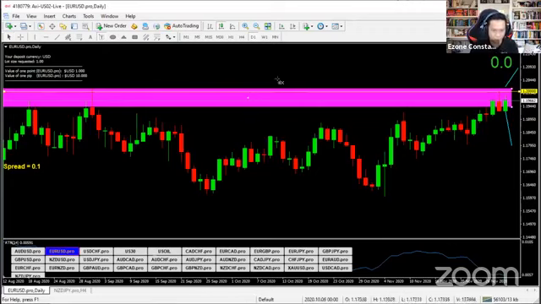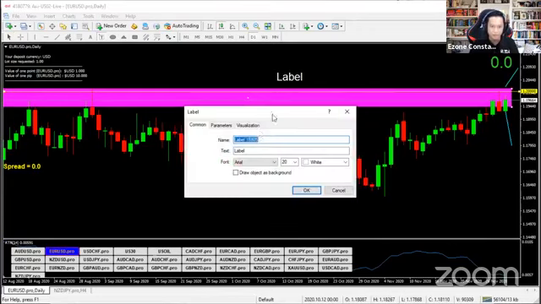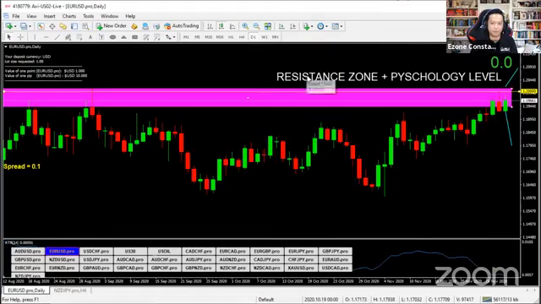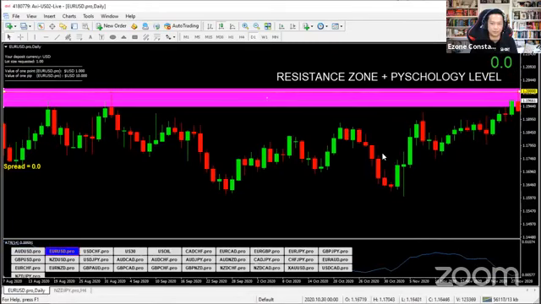Alright, so I'm going to the level here. Okay, so this is where the resistance zone meets the psychology level. So this is what we call, okay, sorry, this is what we talk about: confluence.